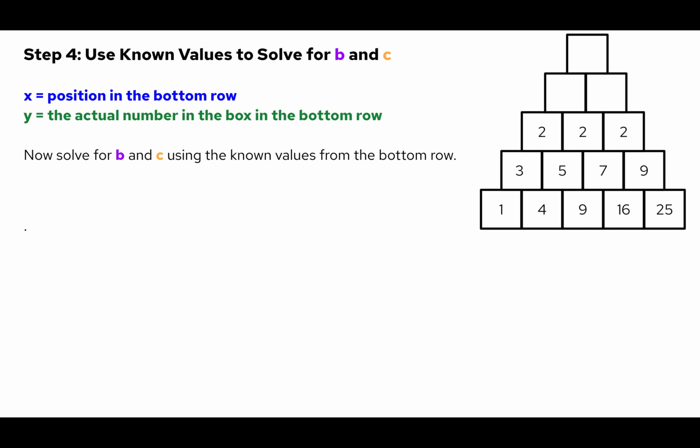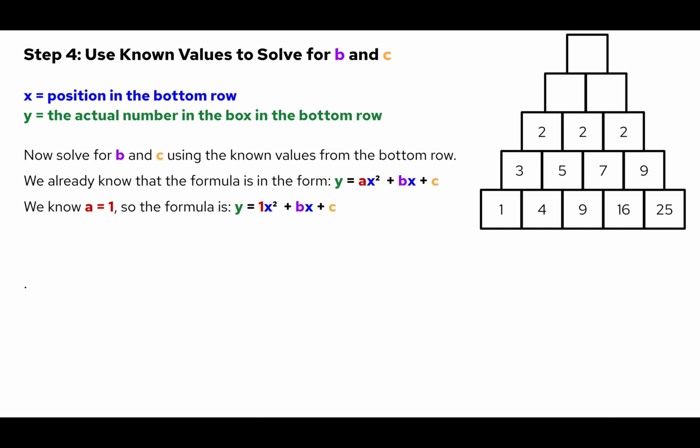So now we're going to solve for b and c using known values from the bottom row. Now we already know that the formula is y equals ax squared plus bx plus c. And we also know that a is 1, so I replaced the a with 1. So now let's use the first value.